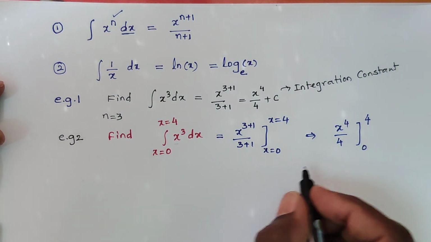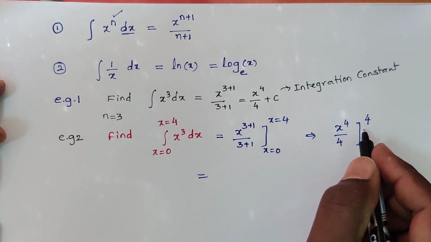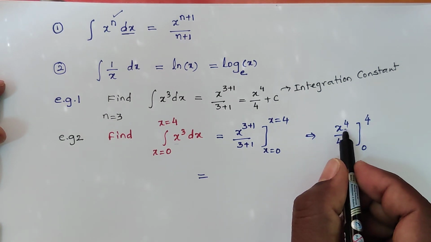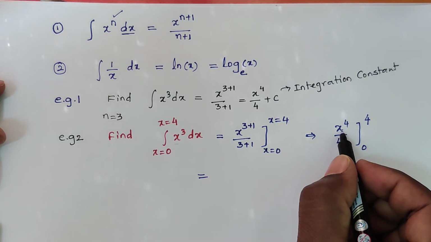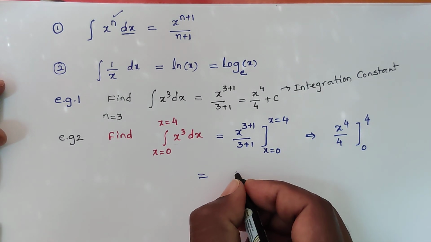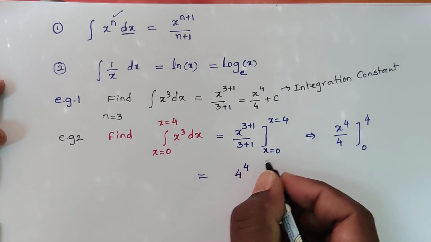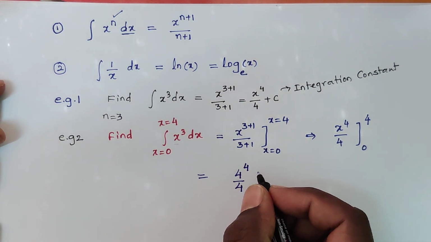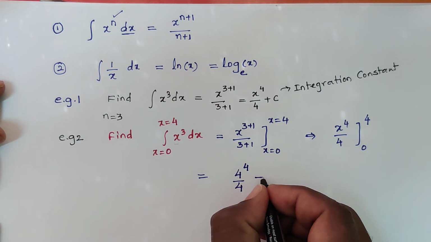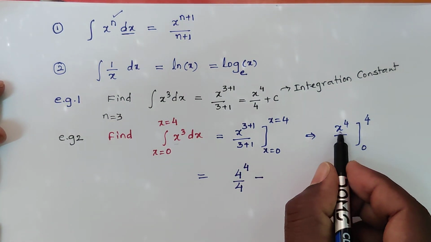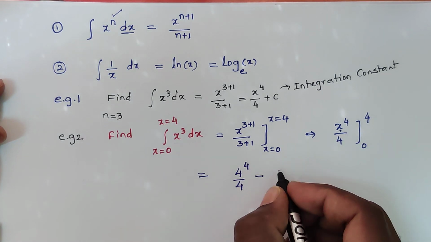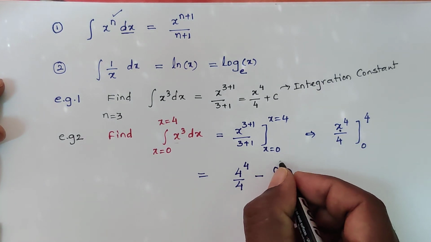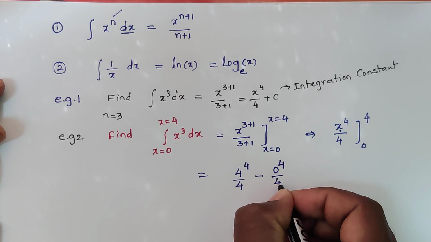Right. So here I am applying the upper limit wherever x is there. So I am keeping 4 in place of x. So first I am applying upper limit, 4 to the power of 4 divided by 4, minus. Now apply lower limit wherever x is there. Keep 0. 0 to the power of 4 divided by 4.